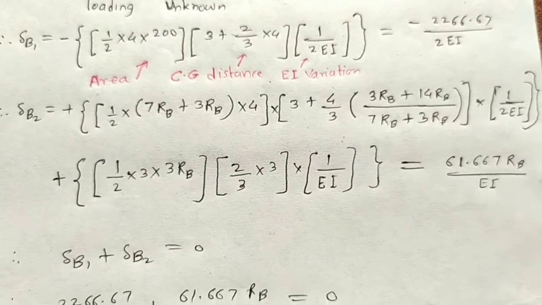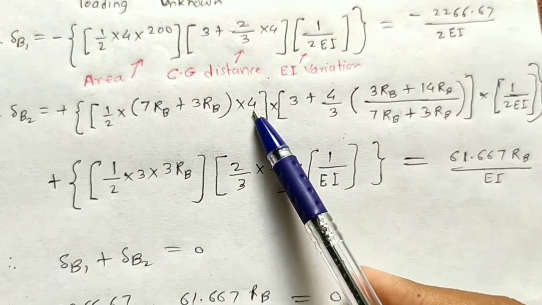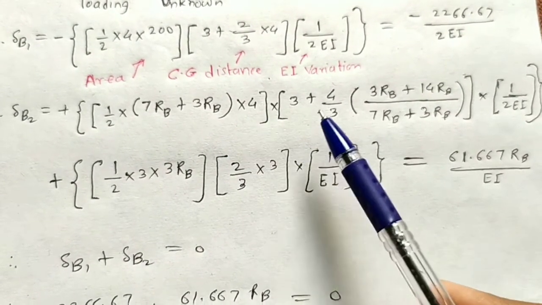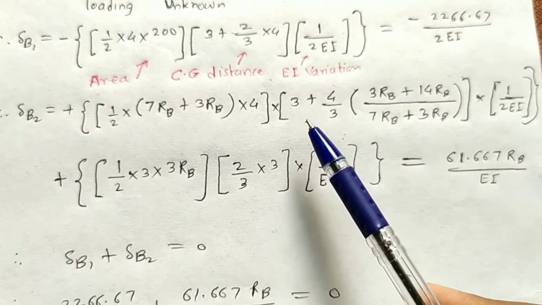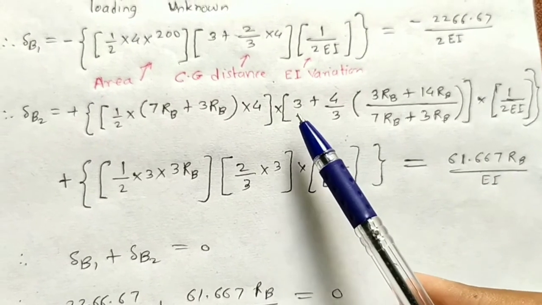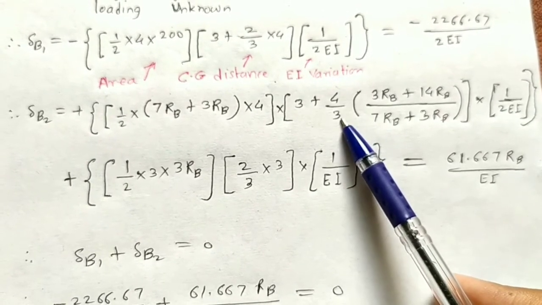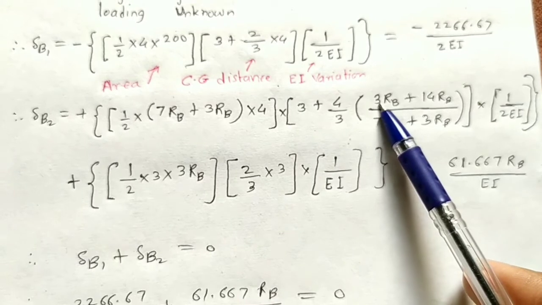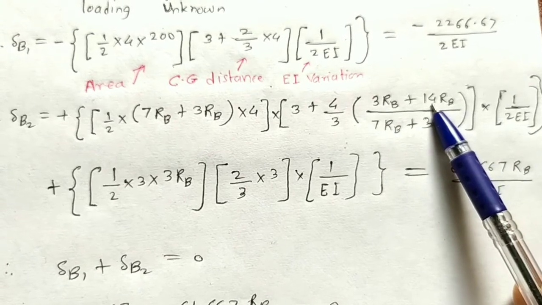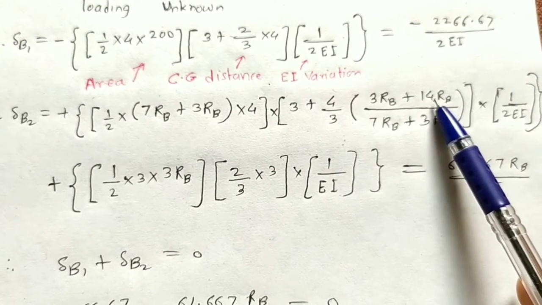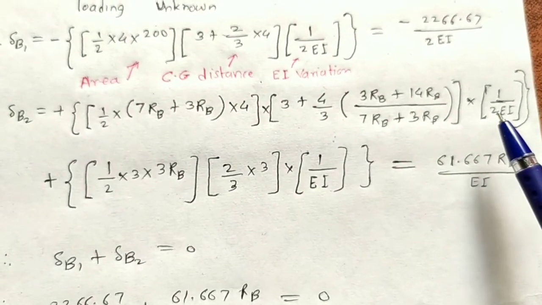Now I use that formula. First of all, the area of the trapezoid: half of the sum of parallel sides multiplied by the distance between the two parallel sides, into this bracket, which is the centroidal distance. Of course, the distance is to be measured from point B. So 3 plus twice of next is 7RB, that's why twice of it will be 14RB, divided by A plus B, and this is the consideration of EI.